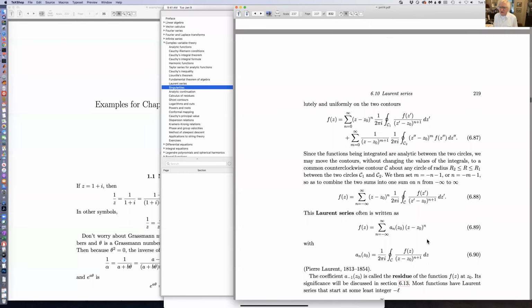And g of z has just this very simple form. So then we take the ratio of g prime over g. The derivative of g is n z minus w to the n minus 1, and we divide by z minus w to the n, and I let the coefficient a sub n of w just cancel. So this is just n over z minus w.